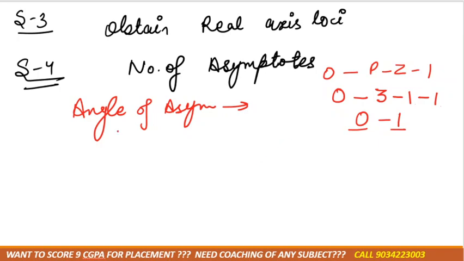We'll calculate two asymptotes: one will be beta naught and another will be beta 1, correct? Now can you tell me the formula for the calculation of the angle of asymptotes? I told you in the last lecture.